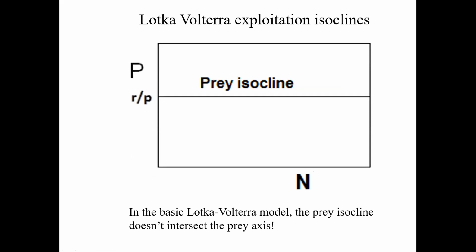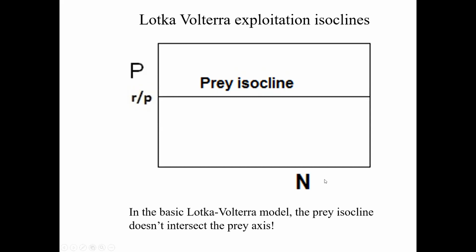That's our graph. The 0 growth isocline of the prey doesn't even touch the prey axis mathematically. So here's our predators on this axis. Here's the number of predators that causes the prey population to stop growing.